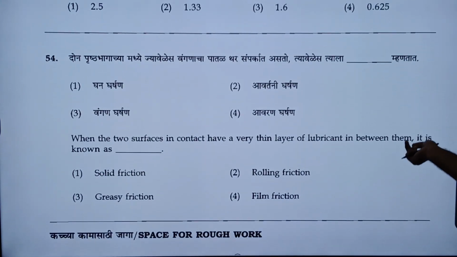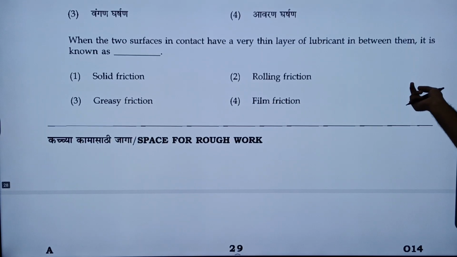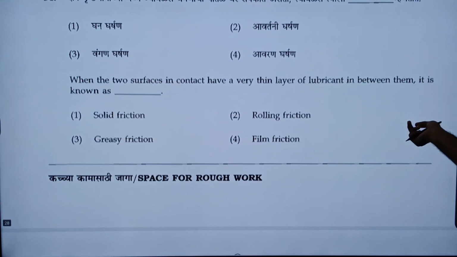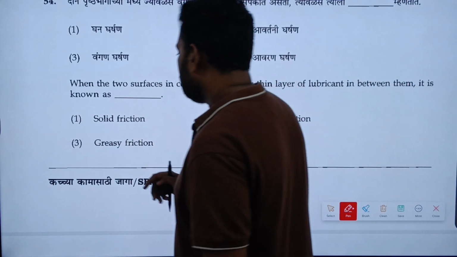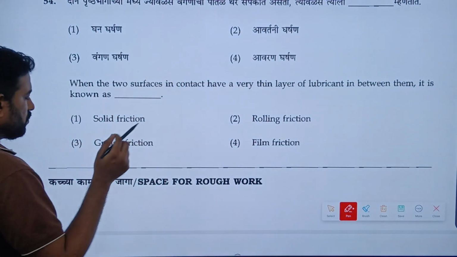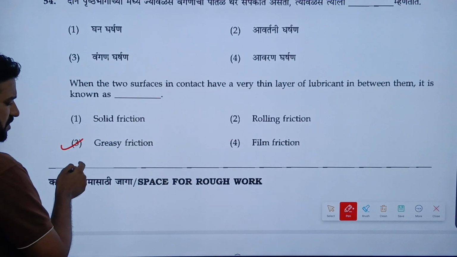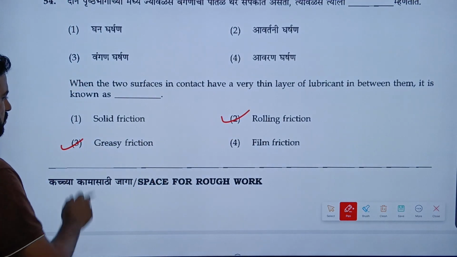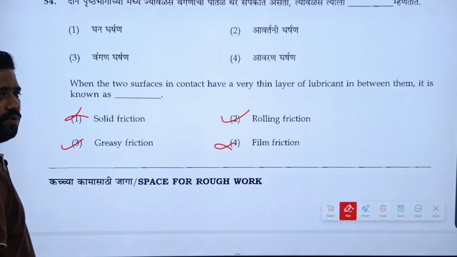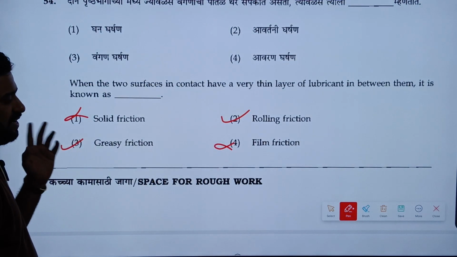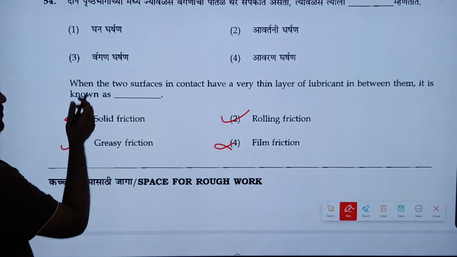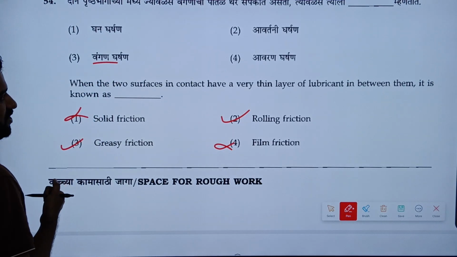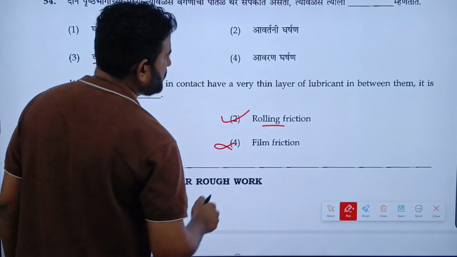Next question. When the two surfaces in contact have a very thin layer of lubricant in between, then it is known as. So in this question, most of the students confuse between option 3 and 2. 1 and 4 are easily eliminated. 2 and 3: some students called greasy friction and some called rolling friction.